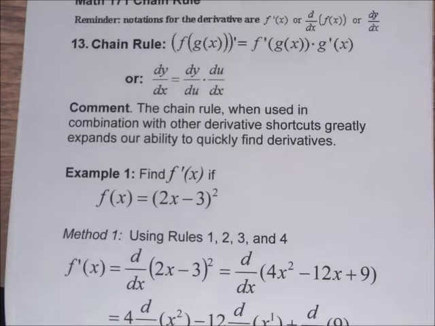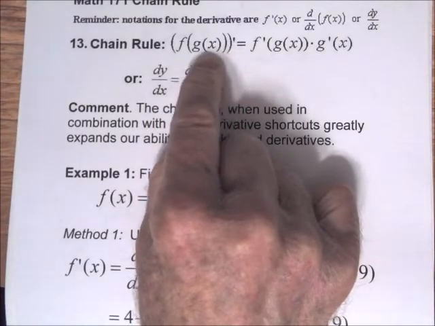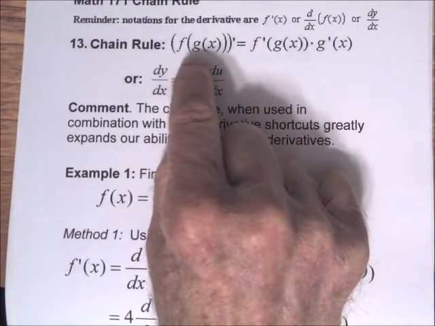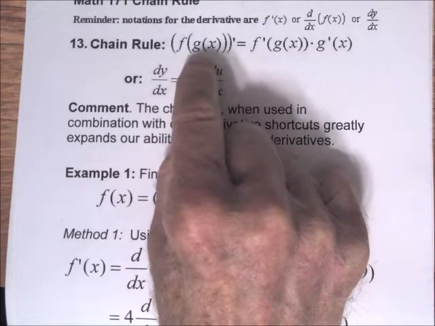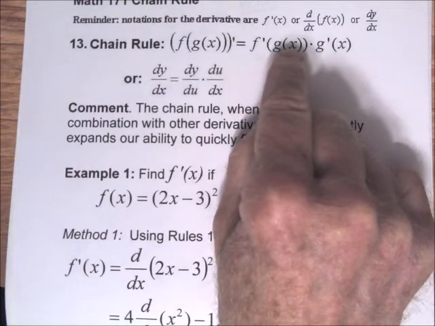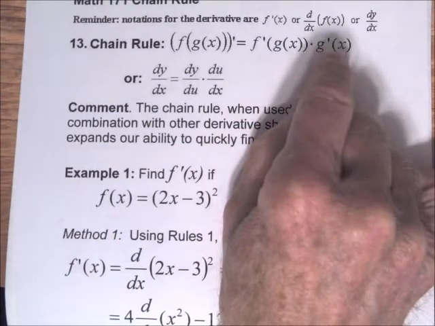Anyway, the chain rule, in function notation, is: the derivative of f of g of x is equal to f prime evaluated at g of x, multiplied times g prime of x.